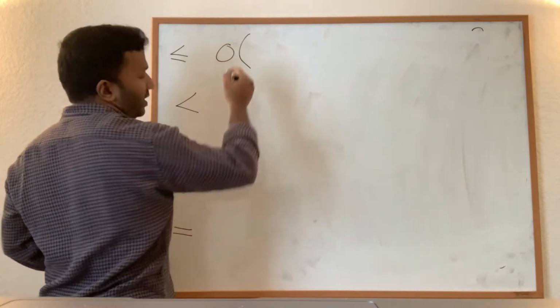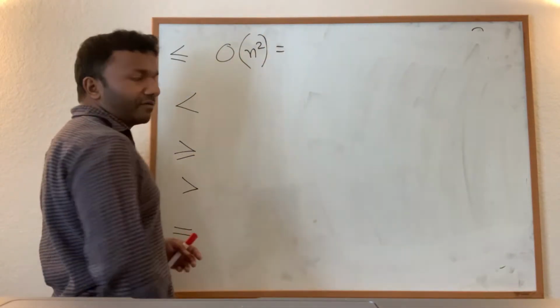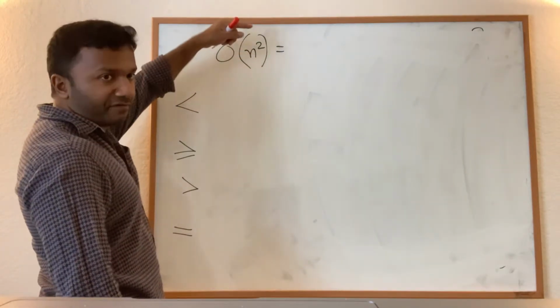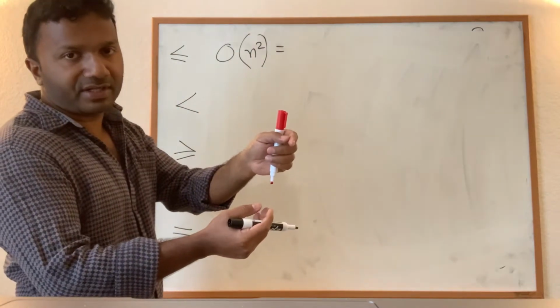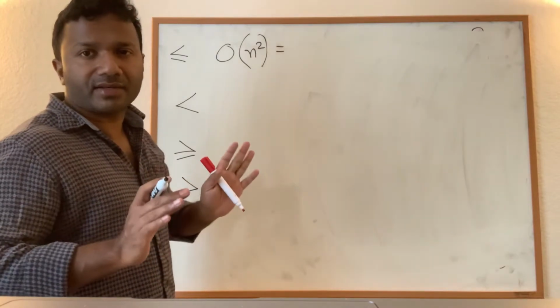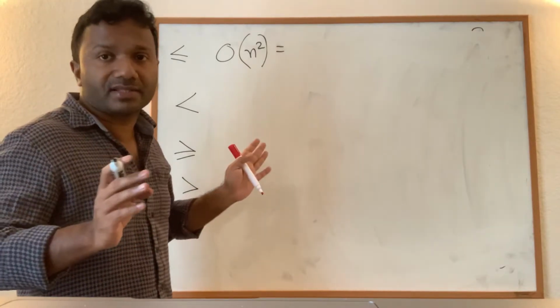So big O of, let's make a specific example. Big O of n square means the set of all functions such that that function on top and n square on bottom, and this quantity will tend to a constant when n tends to infinity. The constant can be a normal constant, it could even be 0.